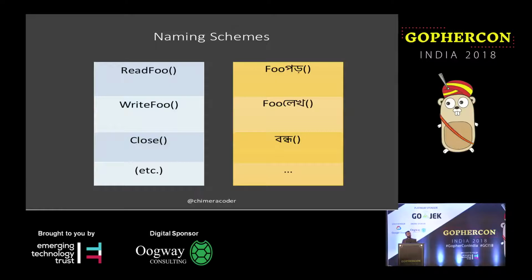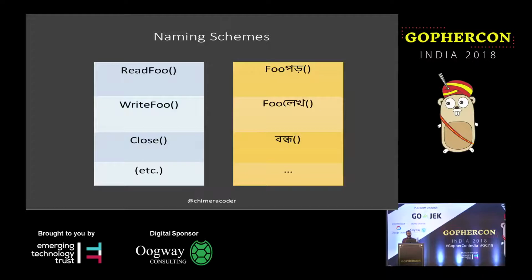into their Bengali equivalents. And by being a little bit more conscious about the conventions we're already using, like using read, write, close as common verbs, we can make our code much more accessible to non-English speakers. So in this case, we might not know what foo is. It's something that we can't translate.